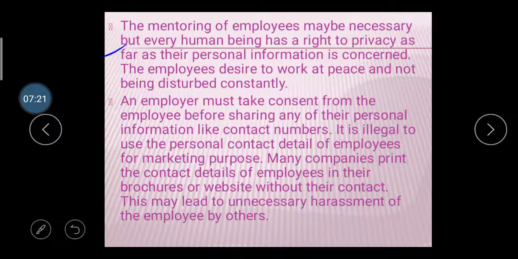Then many companies print the contact details of employees in their brochures or on their website without their consent, or sometimes without getting any permission from the employee, which is misbehavior by them.